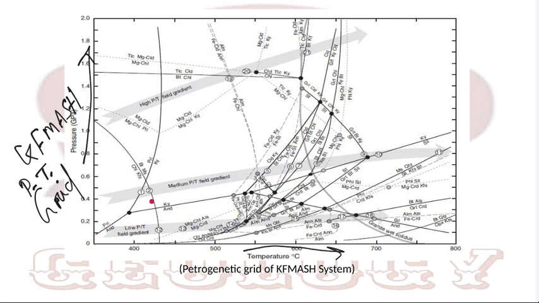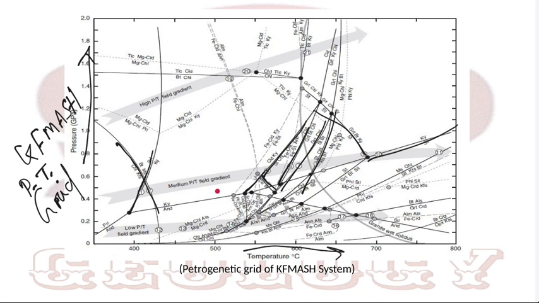This is the KFMASH PT grid. PT grid means this is pressure, this is temperature, and all these reactions are put here. This is reaction 1, this is reaction 2, and you can trace here all the reactions, reaction 3, 4, 5, 6, 7, 8, 9, 10.